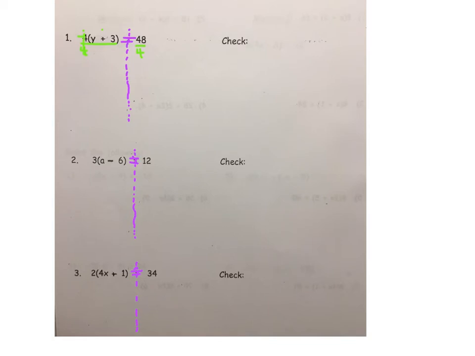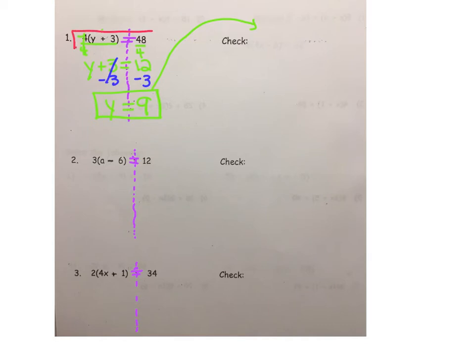We get simply y plus 3 on the left side, and 48 divided by 4 is 12. Now it's just one step to solve. Take 3 away from both sides and we get y equals 9. That's our answer, and we're going to test that answer or check that answer in the original equation.